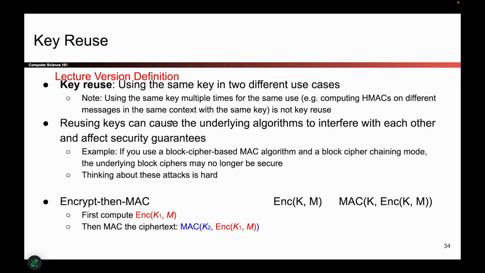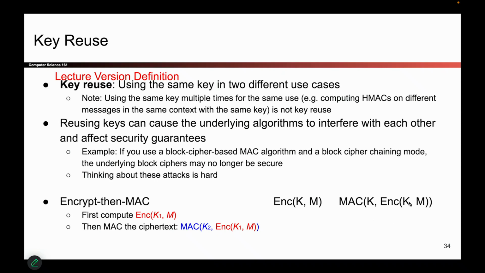But just know that at least for this lecture, the way that we're defining key reuse here is using the same key in two different algorithms. So for example, encryption is one algorithm. It's one piece of code. MAC is a different algorithm. It's a different piece of code. And because I'm using the same key for both algorithms, I call that key reuse.